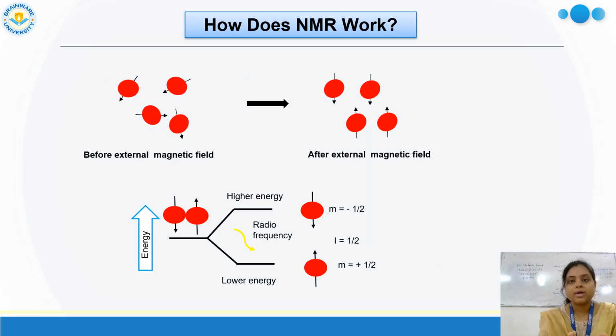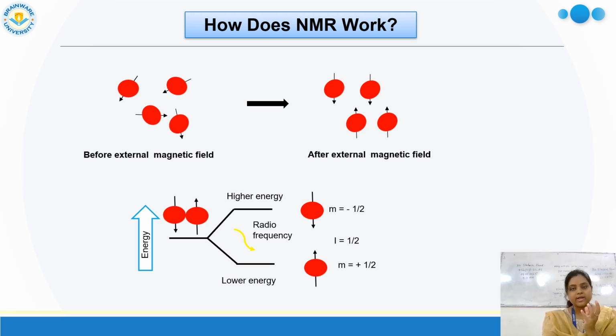How does the NMR work? We got an idea from the previous slide that atoms have a nucleus, and the nucleus has its own spin, clockwise or anti-clockwise. In any object, inside the atoms, the nuclei are spinning in any direction.